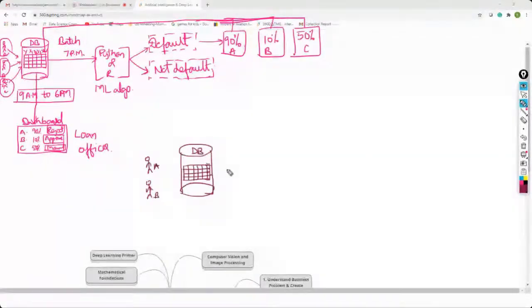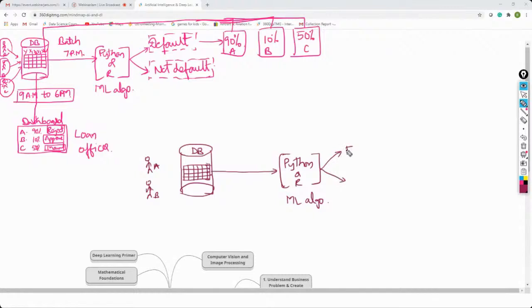You take that historical or past data and say you have already built a machine learning algorithm using Python or R. This algorithm will predict whether a specific credit card transaction is fraud or not fraud.